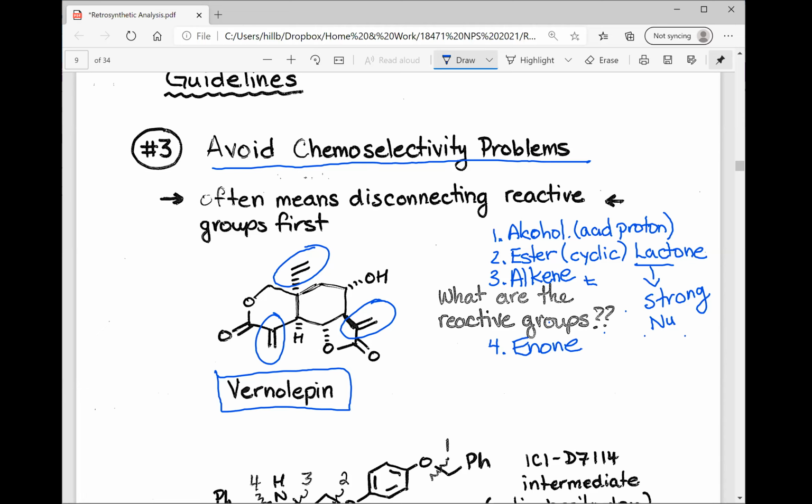Alkenes are reactive with electrophiles, and enones can do 1,4 addition with most nucleophiles. So these are quite electrophilic.